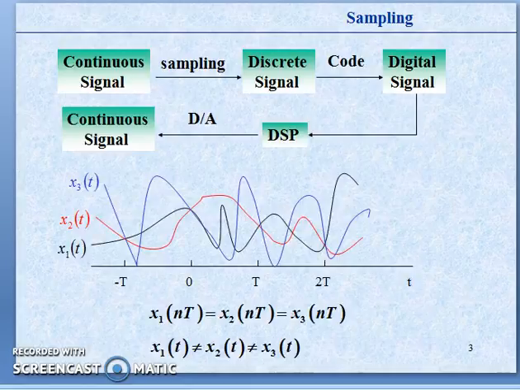So let us consider a block diagram. I have a continuous time signal such as voice. Using a process called sampling, I'll convert it to discrete. A discrete signal will have many levels.